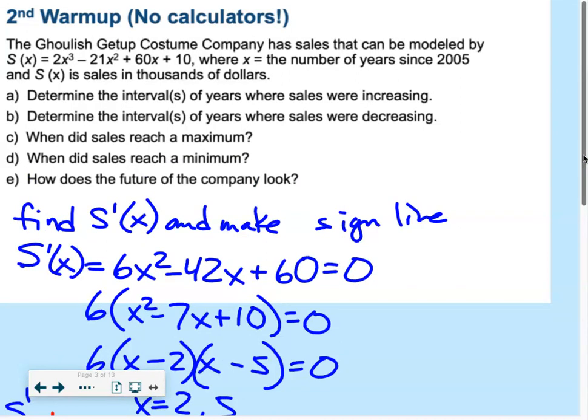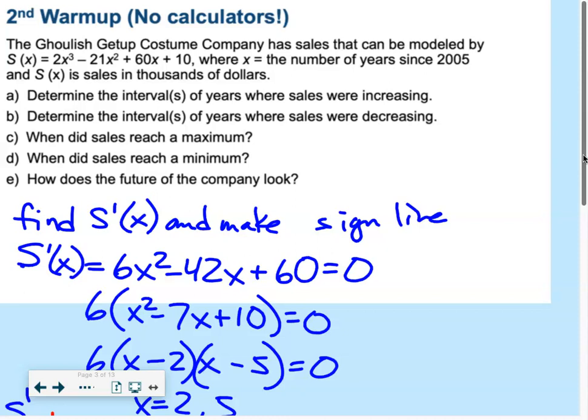All right. So anyway, that's just a warm up, just to get you into the feel for what we're going to be doing today. Yes, Luke? Why is the minimum not 2005? So if I wanted to be literal, I should have put local, because that's really what I was looking for: local maxes and mins. But I wanted you to think of it in context, not literal in math.